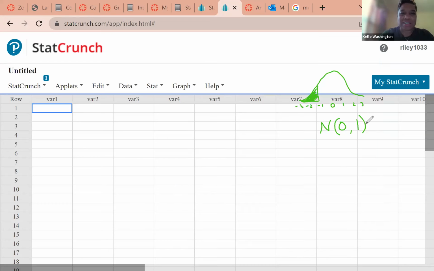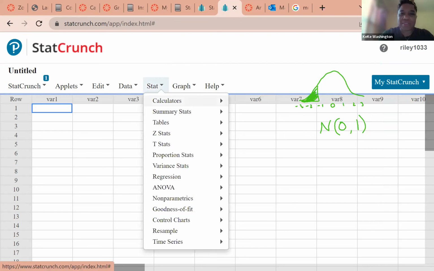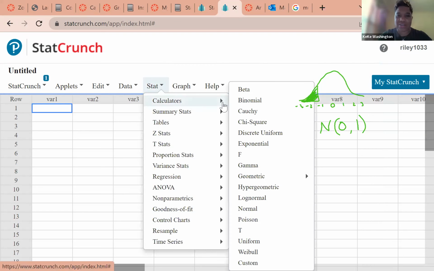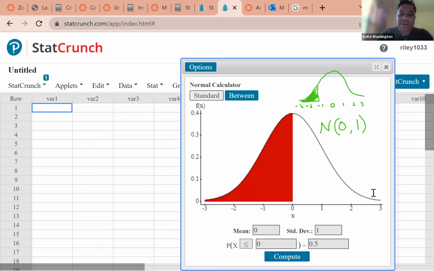I went to Stat, Calculators, then Normal. Okay, all right, so enter 0 for the mean, 1 for standard deviation. Once you enter that in, it automatically knows that you're converting to a z-score, and you're not using x values.